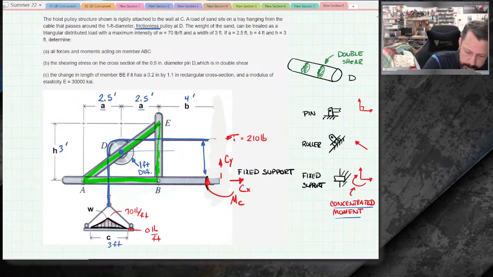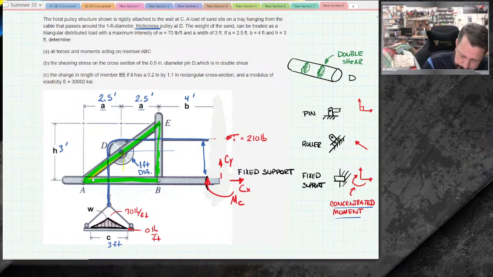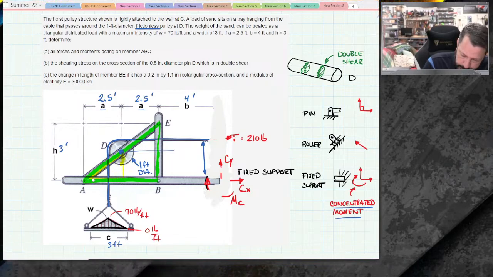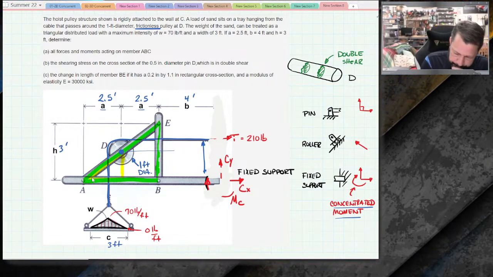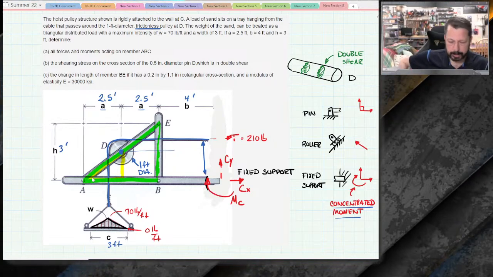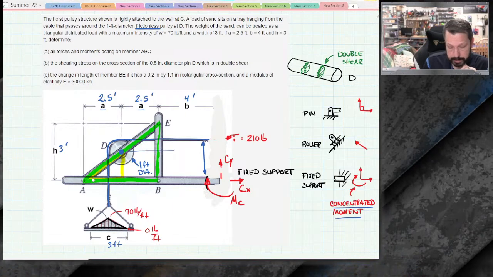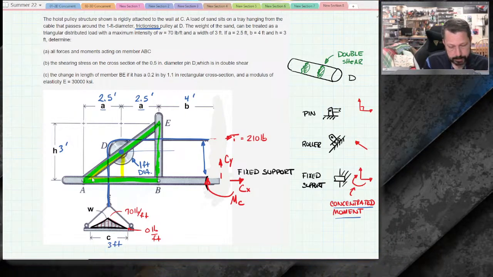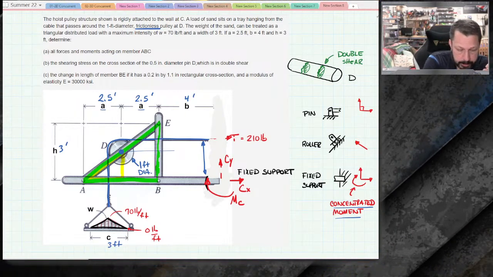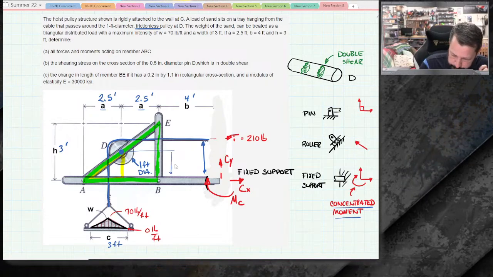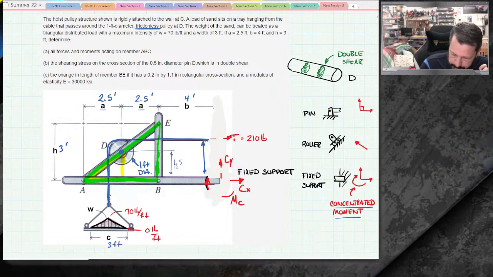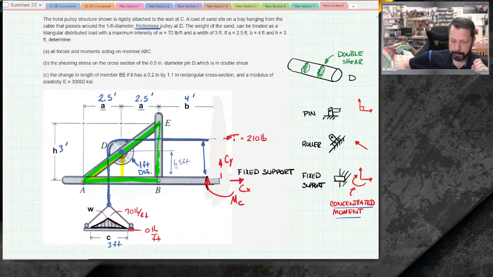So there's a similar triangle right here. I don't know if you can see that. Yeah, it shows up. This little yellow triangle has a height of what I want to know and a base of 2.5 feet. So it's half of that. So this should be 1.5 feet, right?